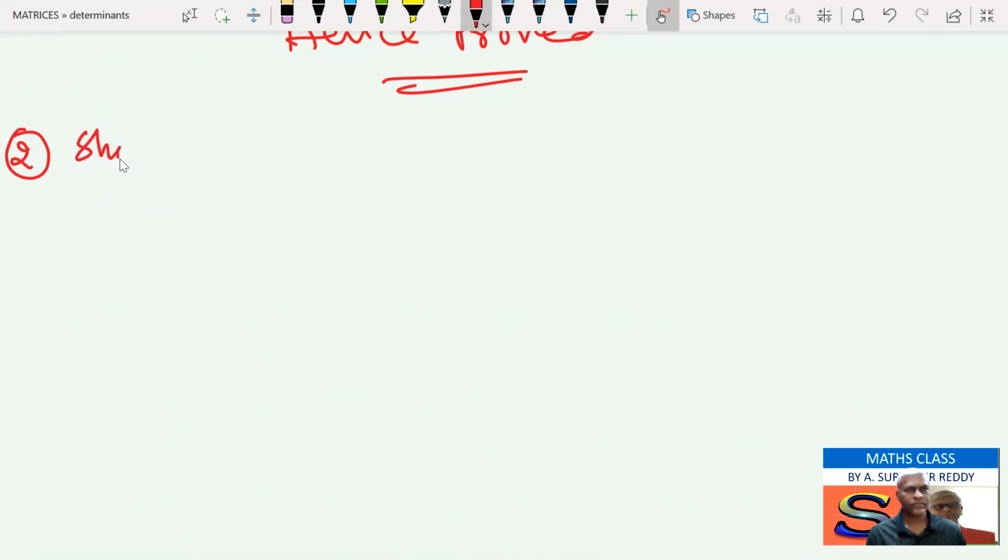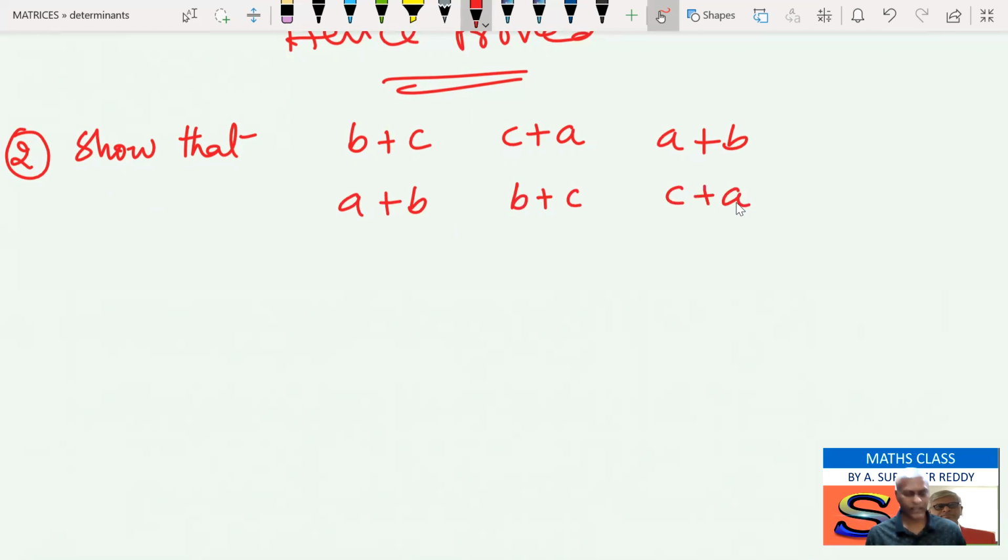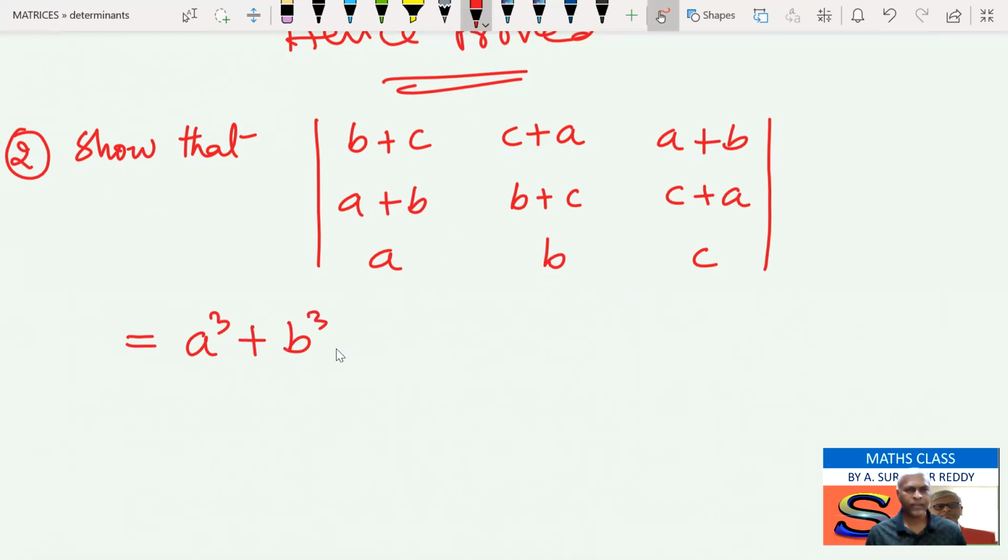Show that the determinant with first row B plus C, C plus A, A plus B, second row A plus B, B plus C, C plus A, and third row A, B, C, should be equal to A cube plus B cube plus C cube minus 3ABC.